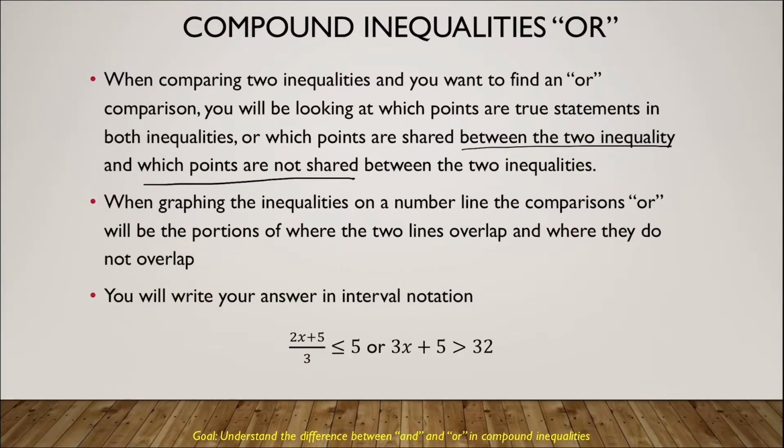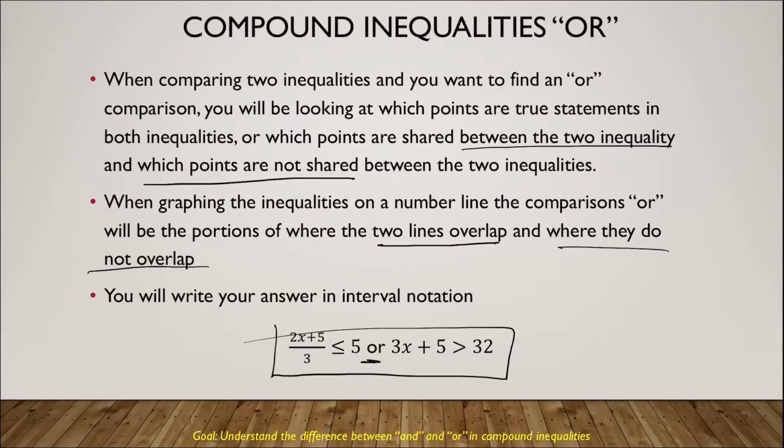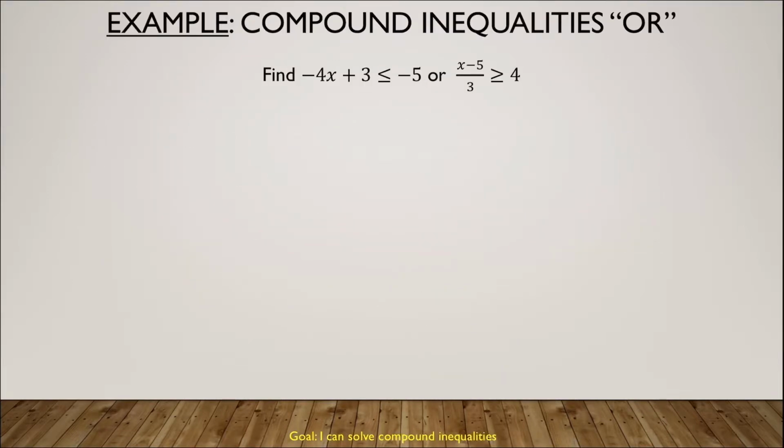So in graphing the comparison, we'll be looking for where the two lines overlap and where they do not overlap. They just have to exist in one of the two comparisons. We will write this in interval notation again, and here's an AND comparison, or this OR comparison. You'll see that OR in between. Let's see how to do this.